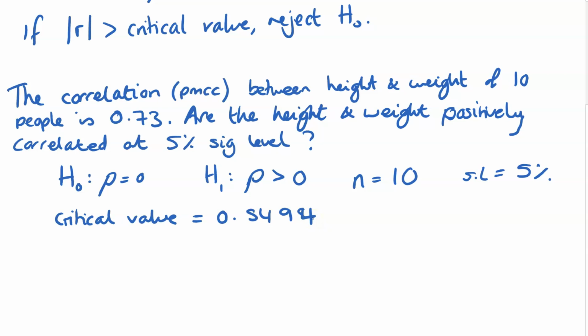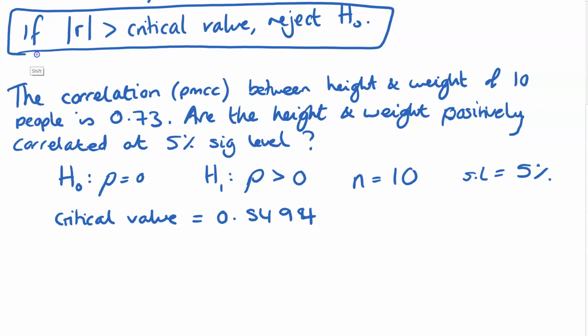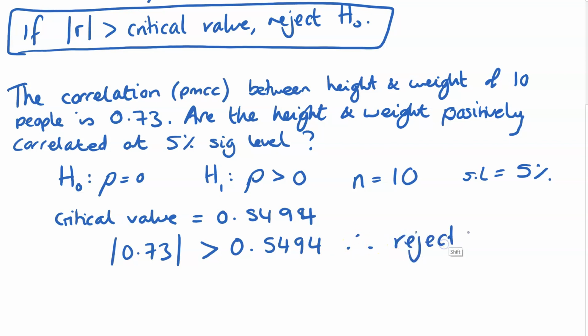Now the condition was if the modulus of R is greater than the critical value, reject the null. So the modulus of 0.73 is just 0.73. That is bigger than our critical value. Therefore, we reject H0.